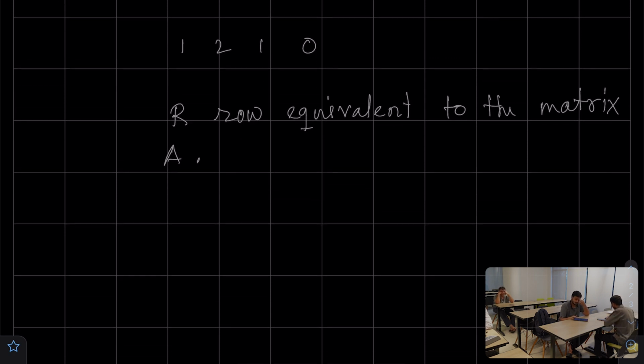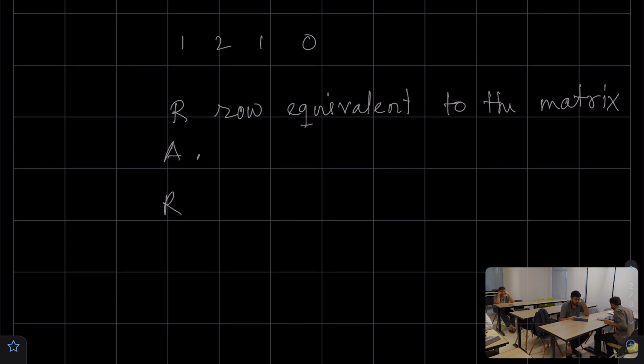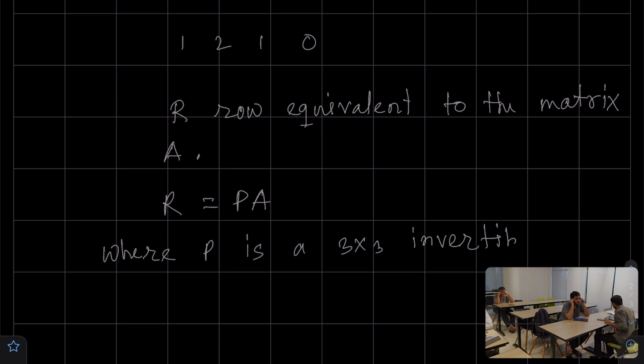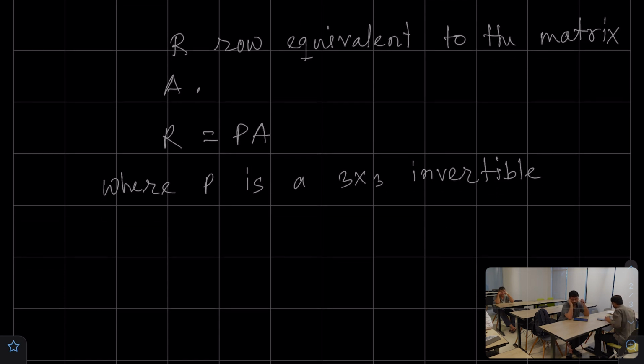And the question asks that you have to show that R equals PA, where P is a 3 cross 3 invertible matrix.